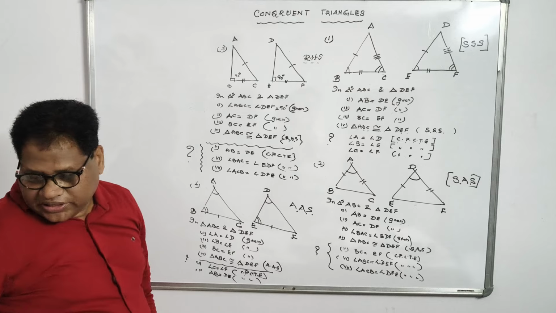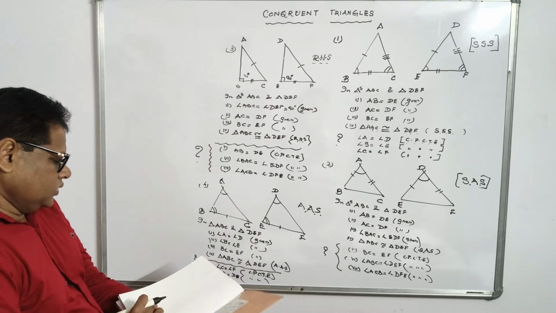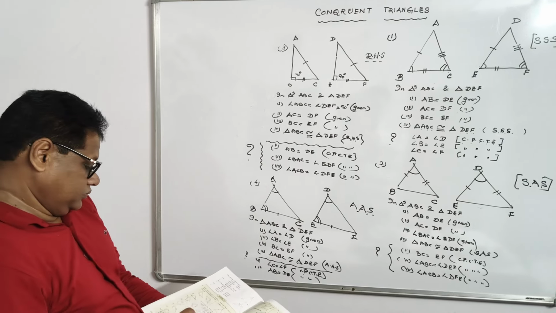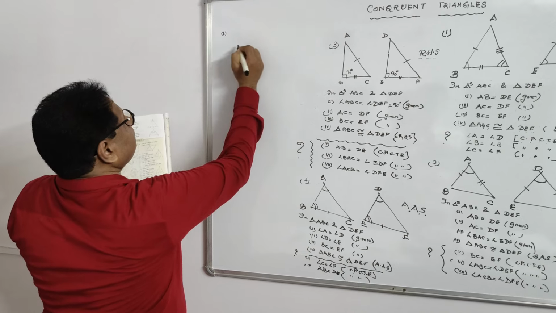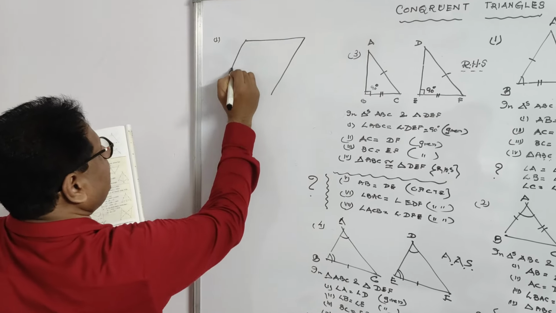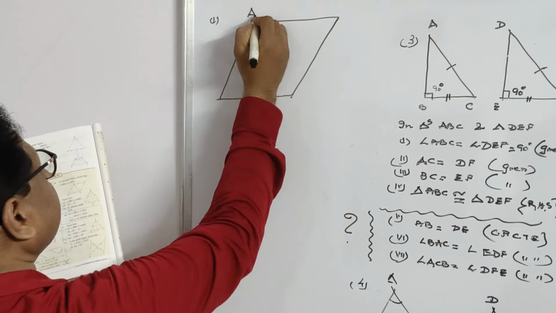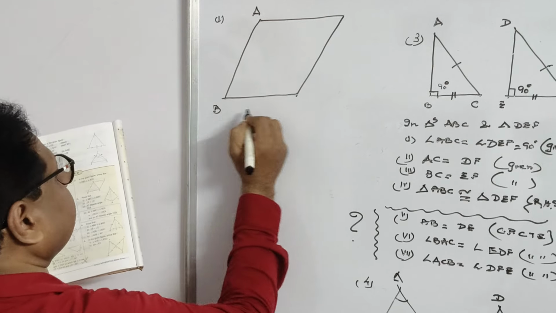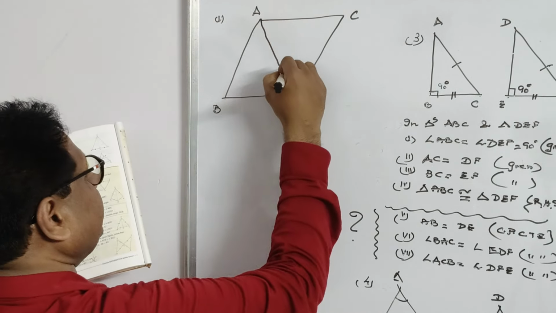Now let me discuss one question from the book. This is the question that is given in the book, on how to deal with questions based on congruent triangles. AD is joined like this.